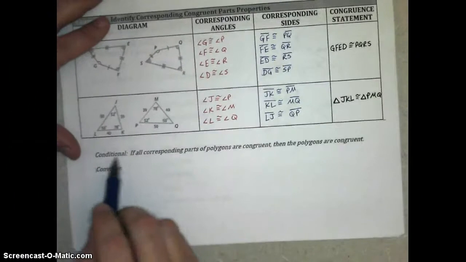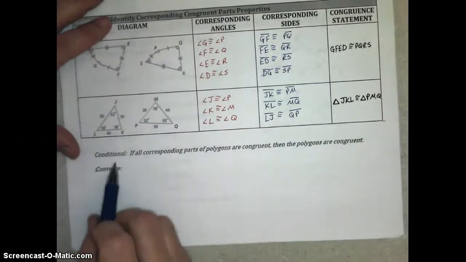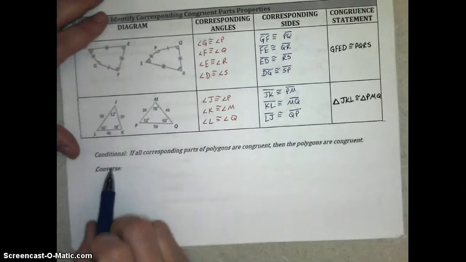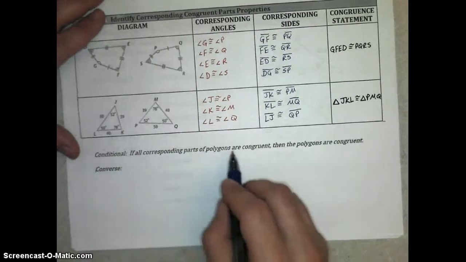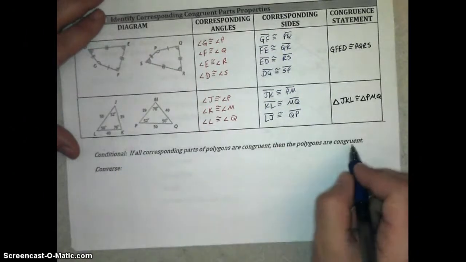Alright, we know what a conditional is, and we should know what the converse is. Converse is where we exchange the if and then parts. So we have this conditional: if all corresponding parts of polygons are congruent, then the polygons are congruent.